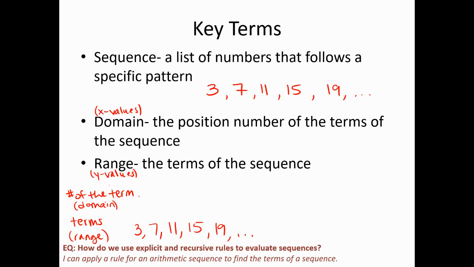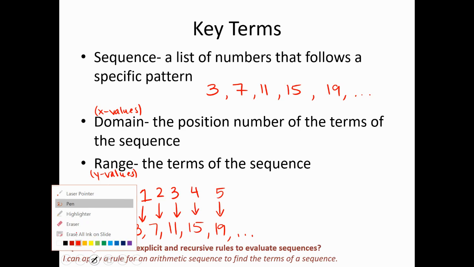So what that looks like is the first term, or what we would represent with the number 1. So the number 1, the first term is 3, the second term is 7, the third term is 11, the fourth term is 15, the fifth term is 19. So that's kind of how it works.